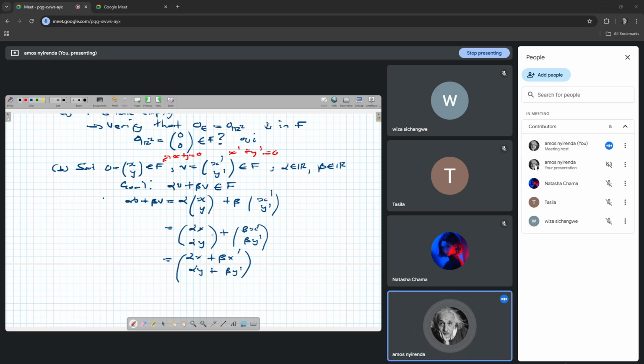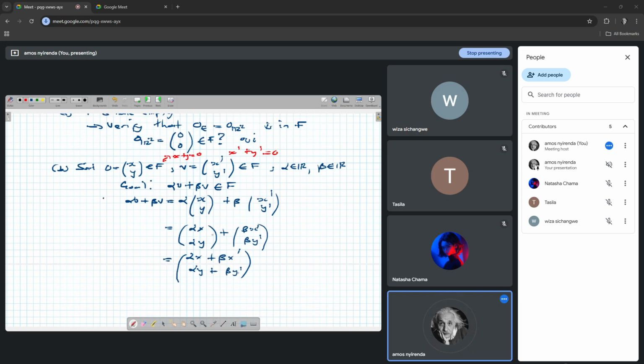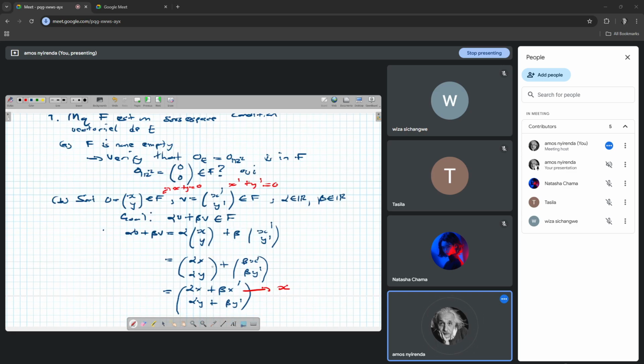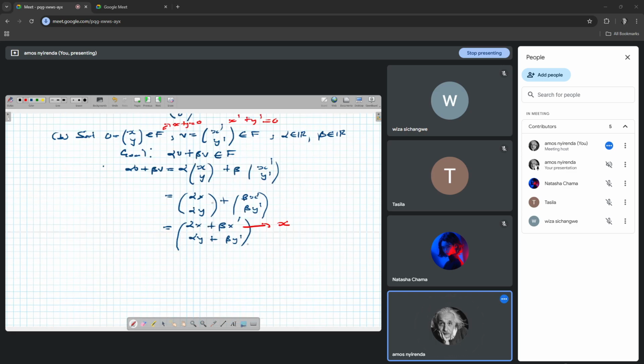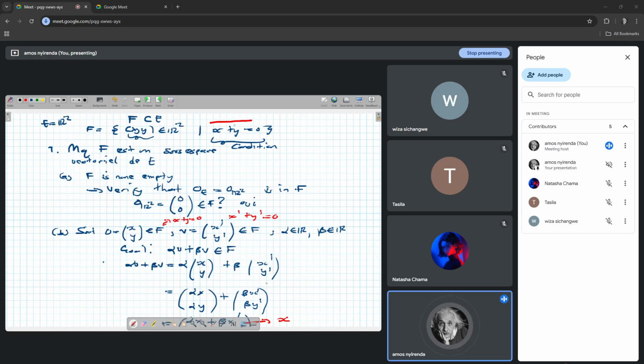So for this sum to be in F, we have this component here, which is going to act like our x, if you want to apply this definition that we have here, and then this one is going to act like our y. So let's get these two items and plug them in this equation, x plus y is equal to 0.